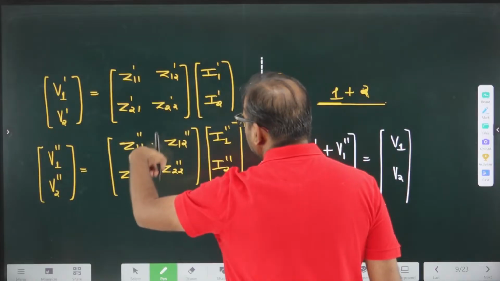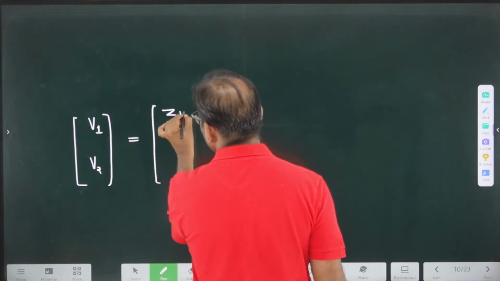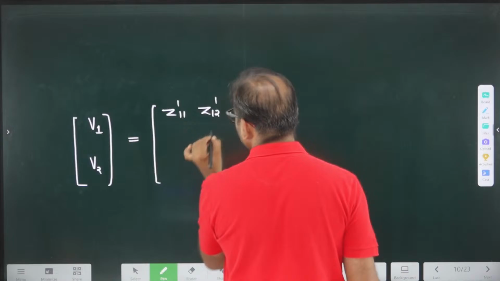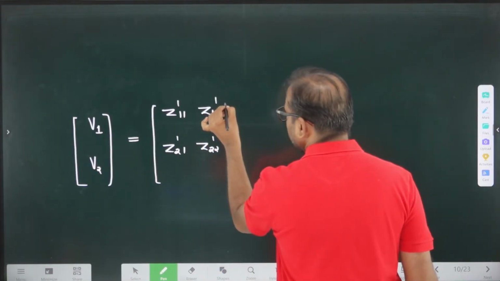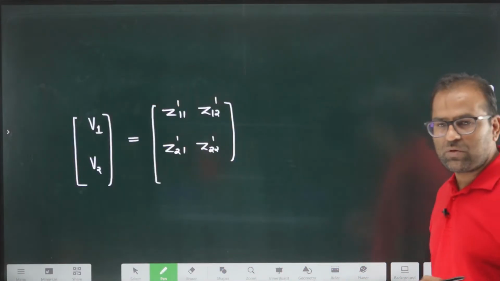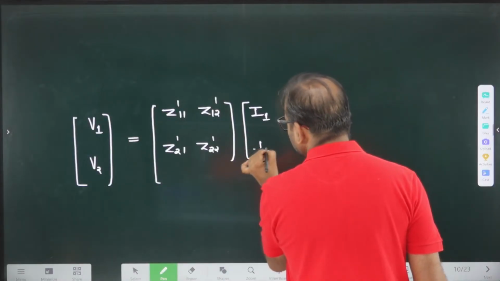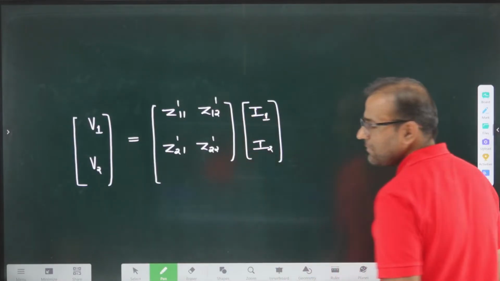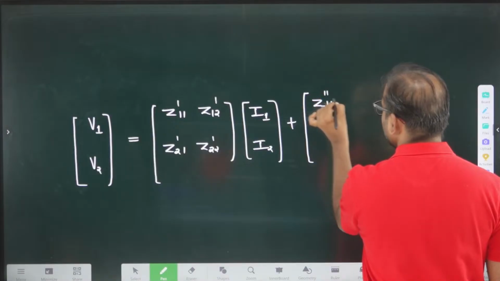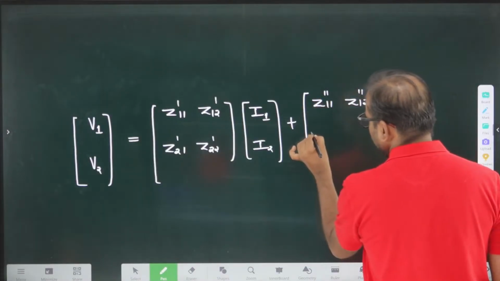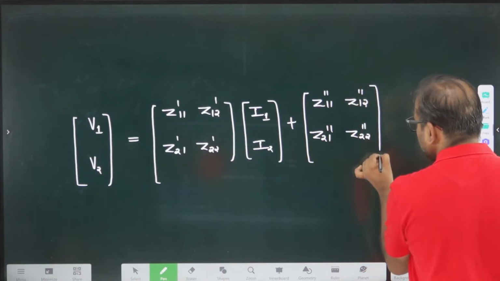So can I say, when I am adding these two, can I say Z11′, Z12′, Z21′, Z22′, और यहां जो मेरे पास नंबर है वो कौन सा है, I1′ I2′, तो I1′ I2′ की जगह मैं लिख सकता हूं this value is I1, and I1 is somewhat we are representing as total, और जो सेकेंड इक्वेशन है आई कैन टेक दिस एज ए Z11″, Z12″, Z21″ and Z22″, and this is multiplied by what?